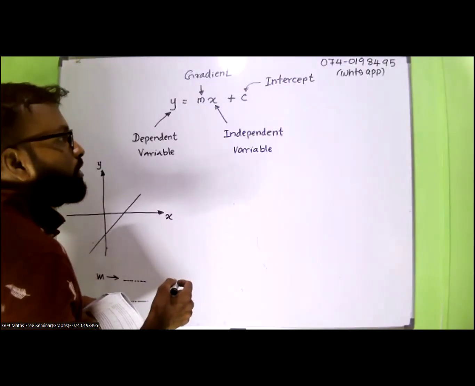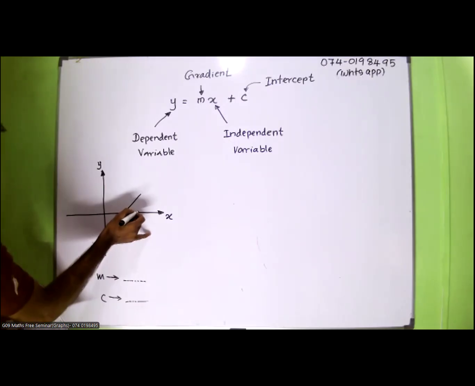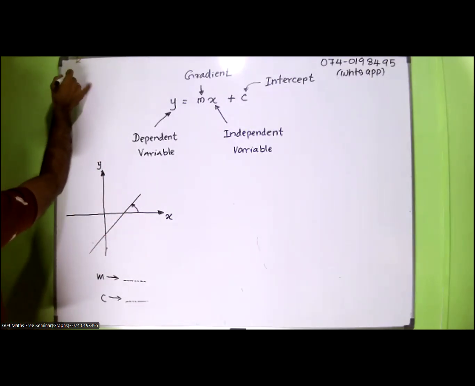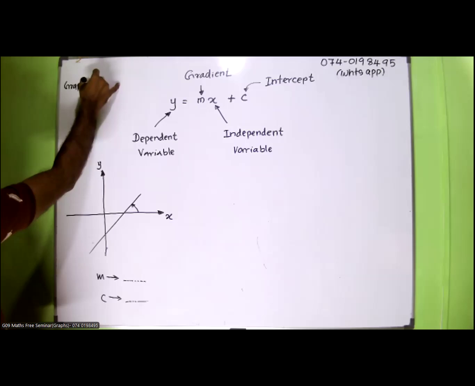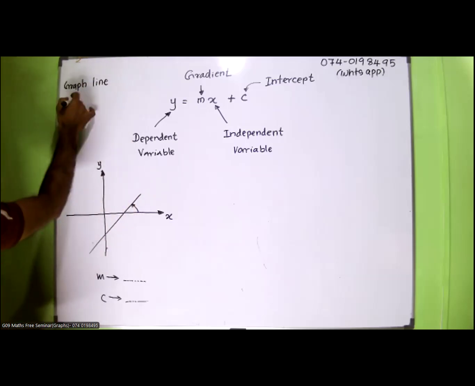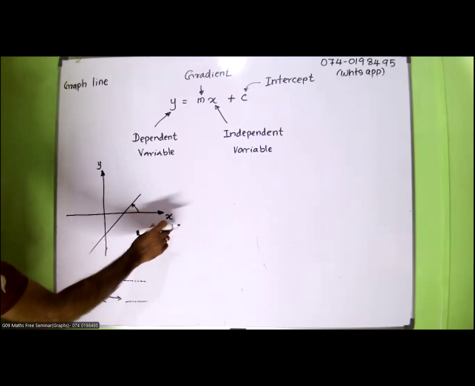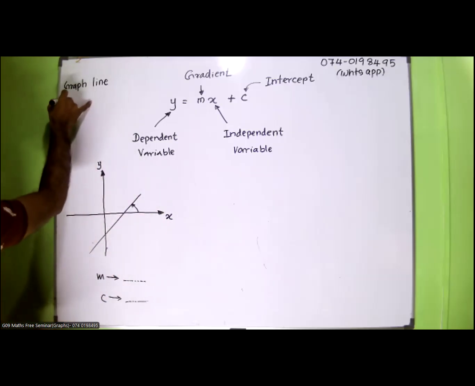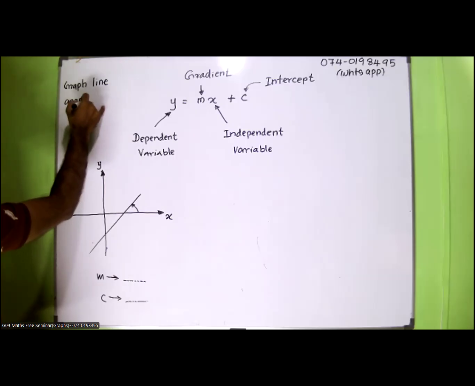So I will give a quick refresh on that. So here, this is the angle. Now you have a graph line like this, and this is called the angle with the positive direction of the x-axis.